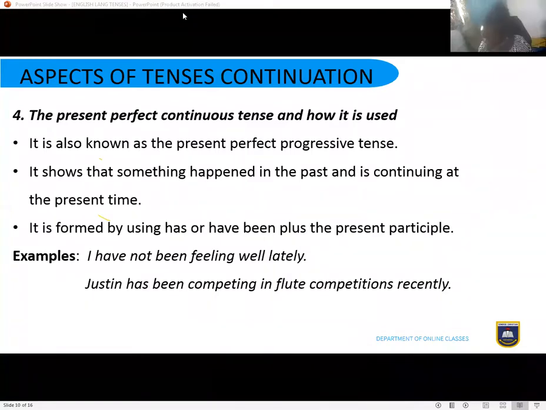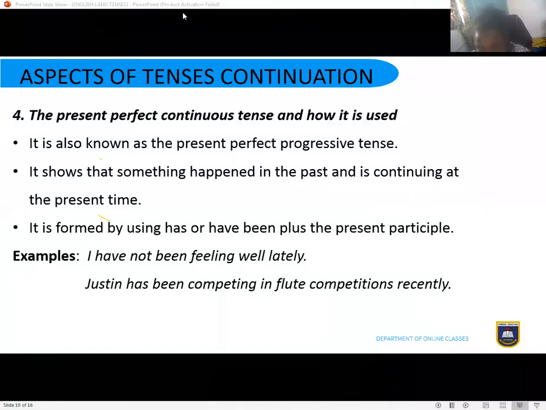Now let's look at point 2. It shows that something happened in the past and is continuing at the present time.